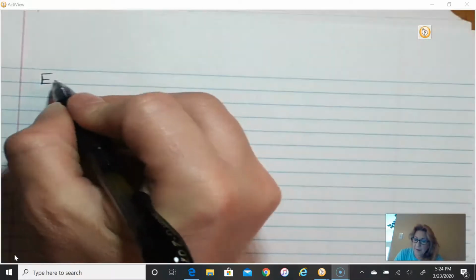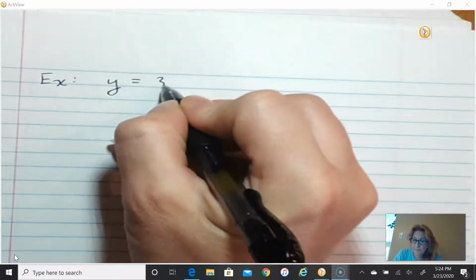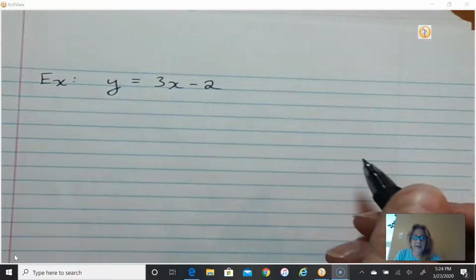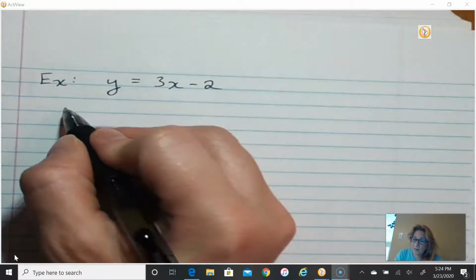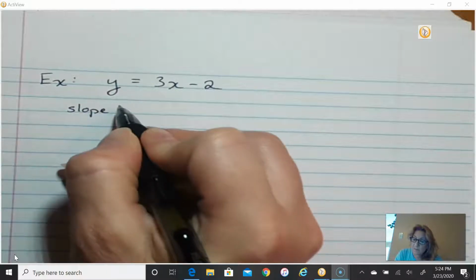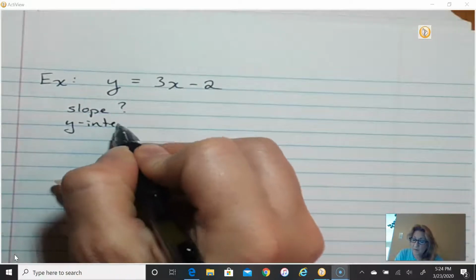Okay, let's say they give you this, and they ask, what is the slope? And what is the y-intercept?